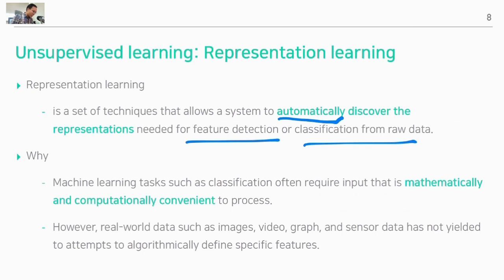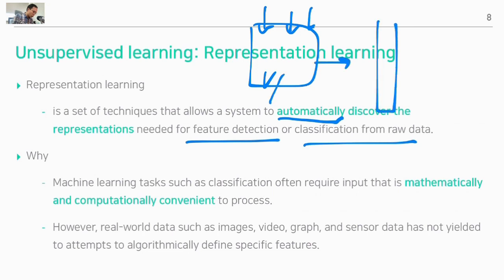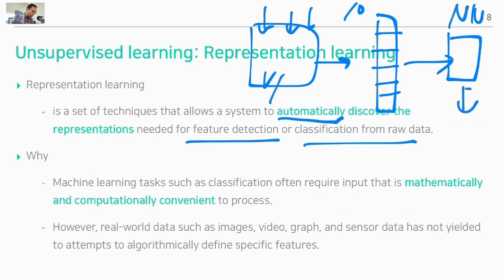Without using the raw data, for example an image data set, we don't use every pixel. We reduce the dimensionality into, for example, 10 float values, and then learn the classifier, for example a neural network, and we see the images labeled cat or dog, right? So this is called representation learning.